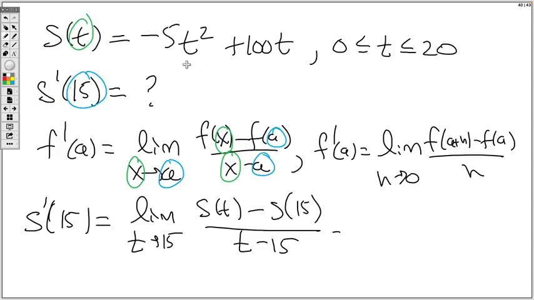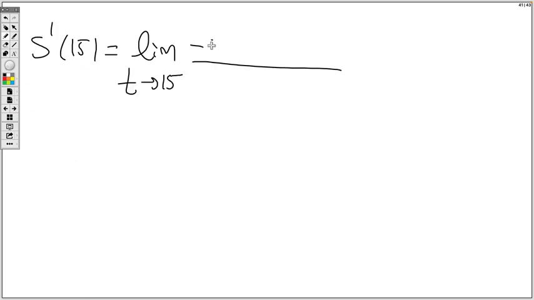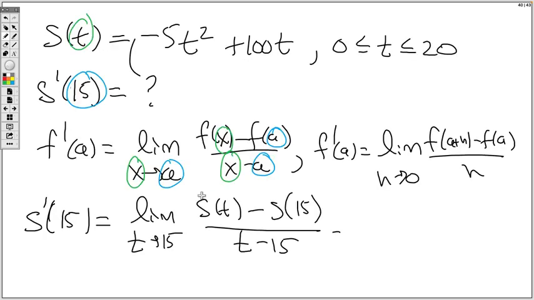Okay, the s of t, that's given to us right there. Minus 5t squared plus 100t. I need s of 15. So I got to plug 15 in for t.